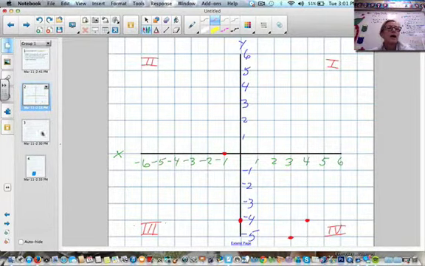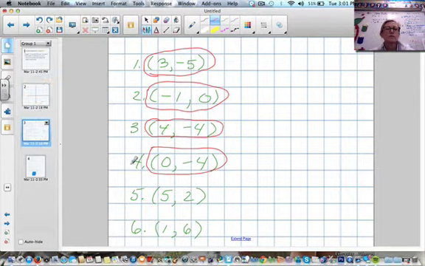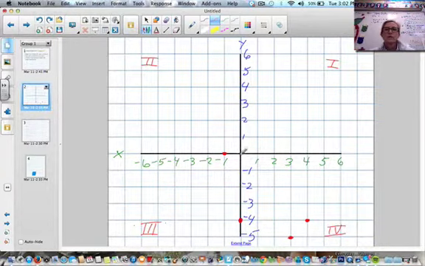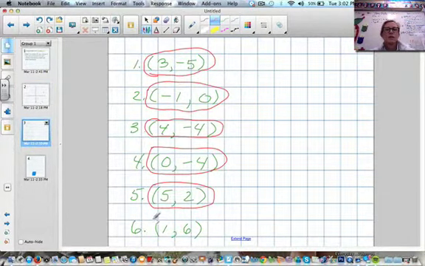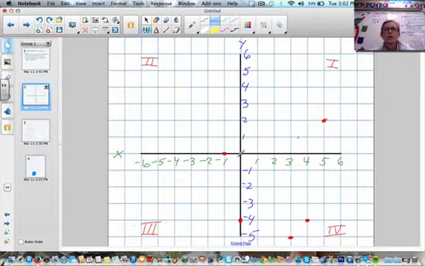Okay, and next we have positive 5, positive 2. And the last one is a positive 1 and a positive 6. So over to the right 1, up 6.